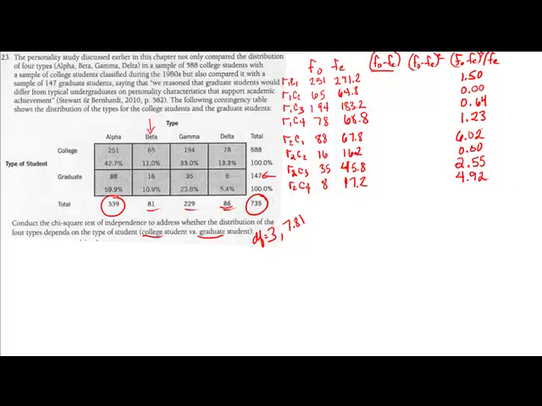Okay, so I've done that for each of my numbers. I'm going to sum it so that I can get the chi-squared. 1.5 plus 0 plus 0.64 plus 1.23 plus 6.02 plus 0 plus 2.55 plus 4.92, and I get a chi-squared value of an error. Oh, come on. Too many fingers here. 1.5.